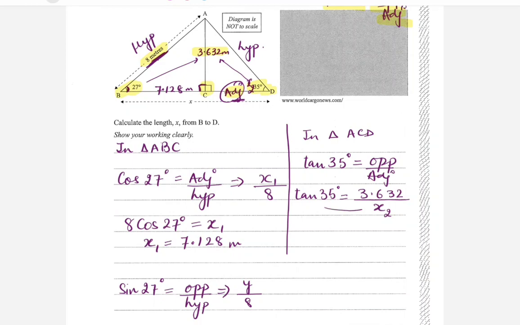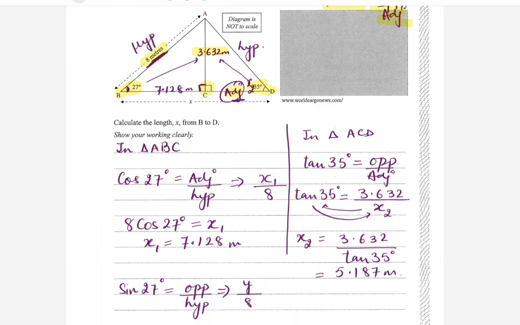Now here, x2 this side, tan this side. So x2 is equal to 3.632 over tan 35 degrees. Put that into the calculator and it will give you your answer, which will be around 5.187 meters, right?